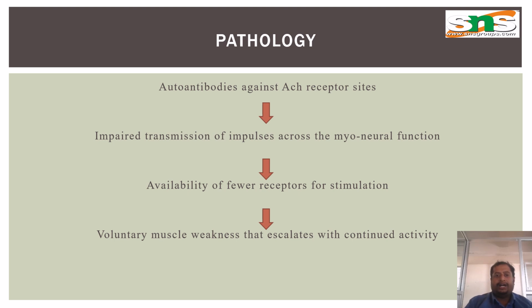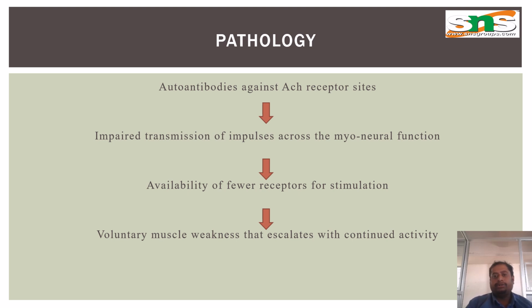One is late onset myasthenia gravis, early onset myasthenia gravis, myasthenia gravis associated with MuSK antibodies, which is the main type, and myasthenia gravis associated with acetylcholine receptor inhibitors. There are only six types.